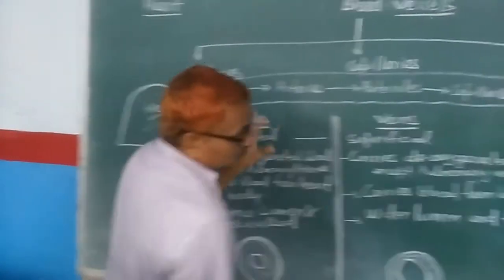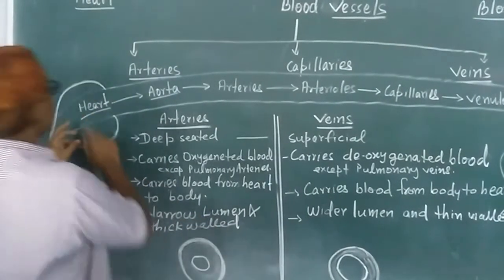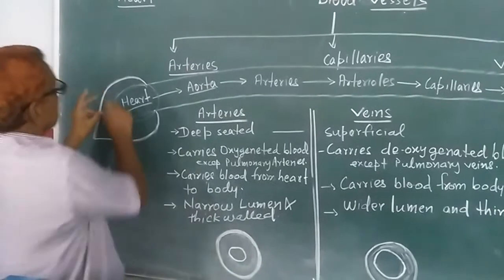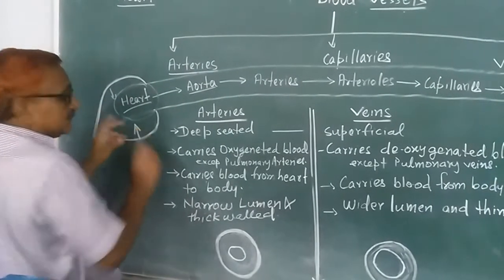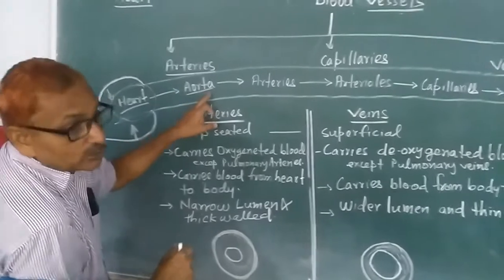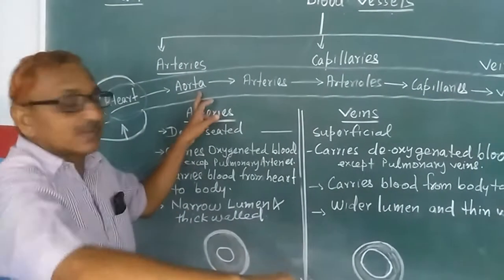I have shown you the chart through which the blood circulates in our body. Blood comes into the heart and the heart pumps, giving the pressure. Then the blood moves from the heart to the aorta, remember the diagram of the heart.